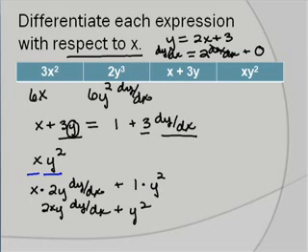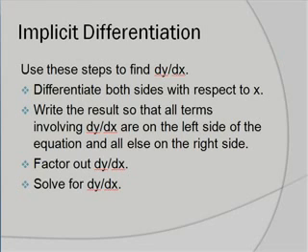All right, let's take a look here. So to do implicit differentiation, here are the steps that you can follow. You want to differentiate both sides with respect to x. This is when you have an equation that you decide is too hard to just solve for y, so you just go ahead and keep everything where it's at.